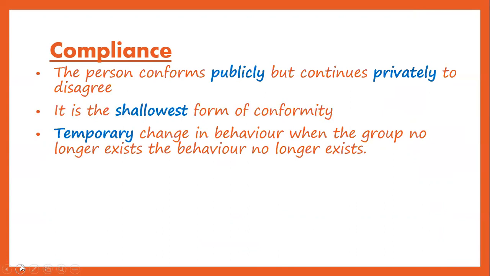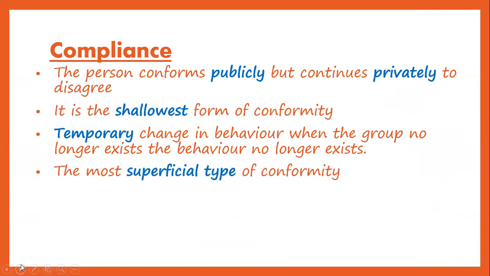When we're no longer with that group, our behavior is going to go back to perhaps meet the demands of the next social group that we're in. So it's the most superficial type of conformity. It's the shallowest because it doesn't change the way we think or feel. So it's just changing our outward behavior, and it's very superficial. It's just seen on the surface.